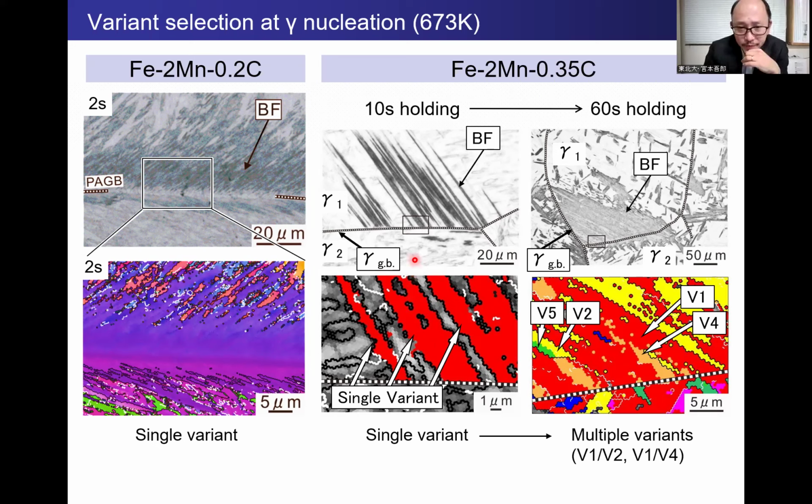Similarly, strong variant selection takes place in medium carbon steel. But in this case, the untransformed austenite between bainitic ferrite finally decomposes into different variants, so the formation of coarse grain boundary bainite is suppressed. So variant selection is an important factor to understand the formation of grain boundary coarse structure.